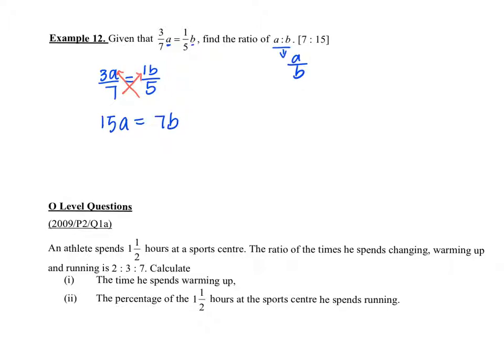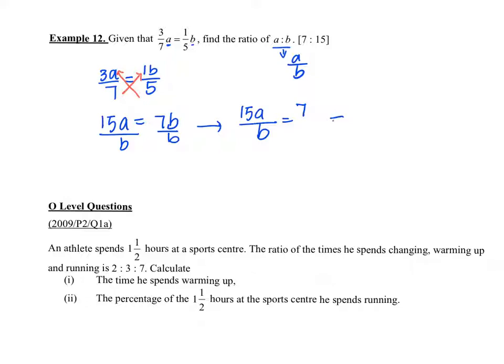If I were to write this into a fraction, I don't want b to be down here. I want b over this side. So I'm going to divide by b on both sides, such that now I will be able to get the fraction 15a over b equals 7.